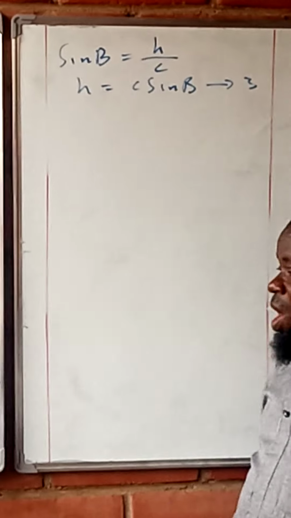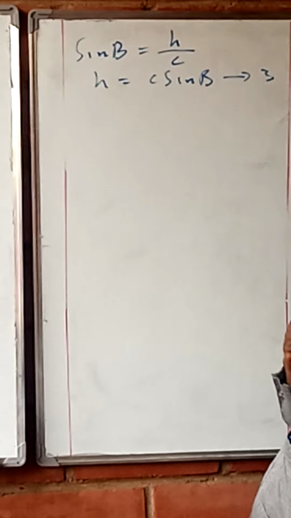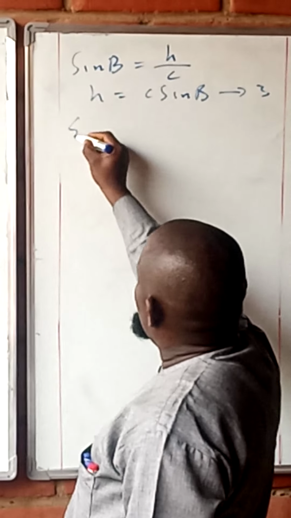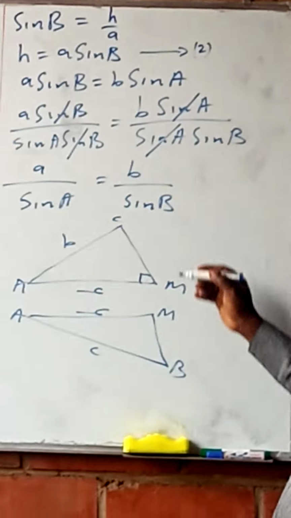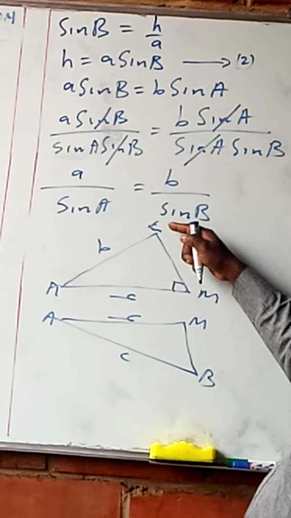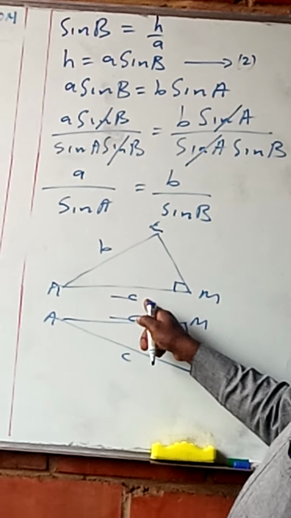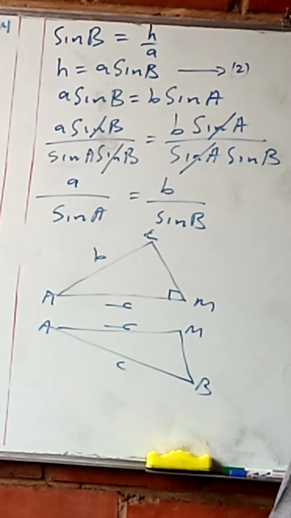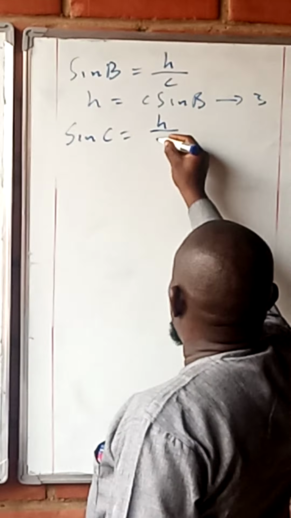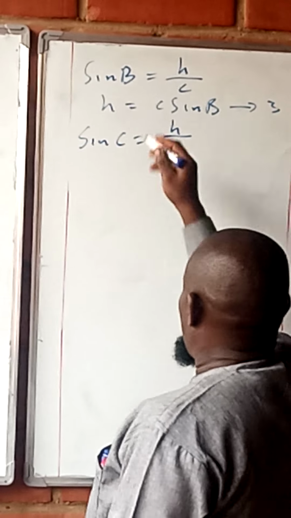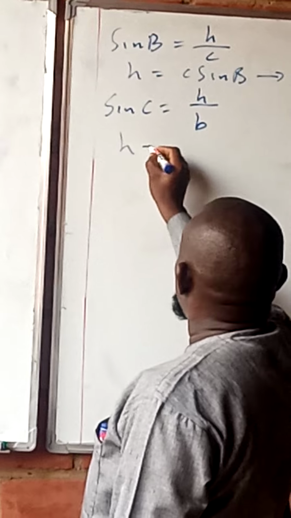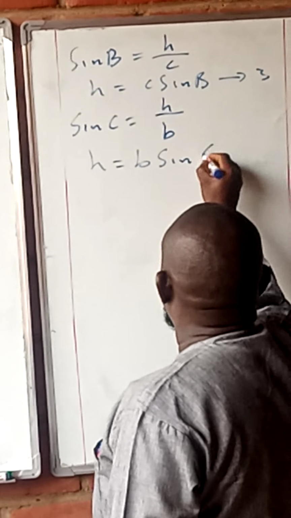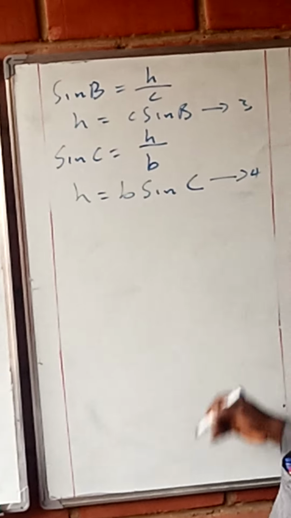You've used the other ones as equation 1 and 2. Then you consider sine C, which is opposite over hypotenuse, h over b. If you cross multiply, you have h equal to b sine C. You call this one equation 4.